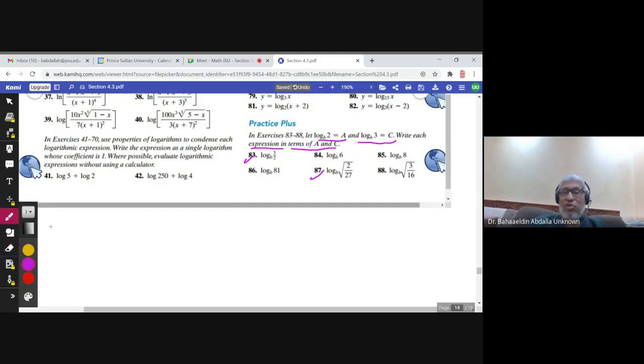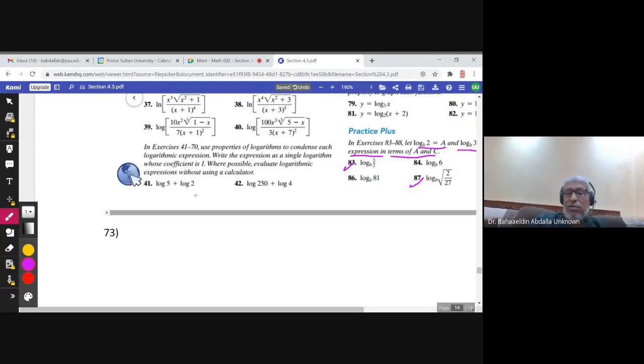So let us try to solve 87: log of square root of 2 over 27. What is the information?